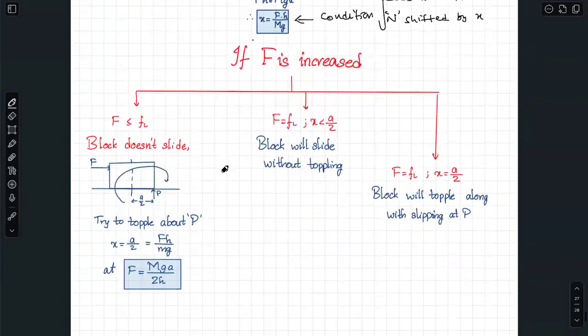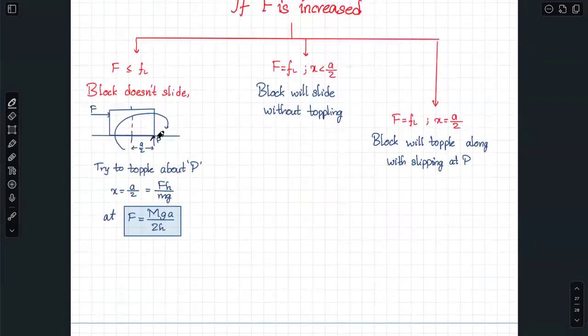So in that situation, the normal reaction starts acting at this point, that is the edge. If it is not slipping at this point, what will happen? It will topple, means it rotates about the point P. It won't slip, but it will topple. So what is the condition for that?